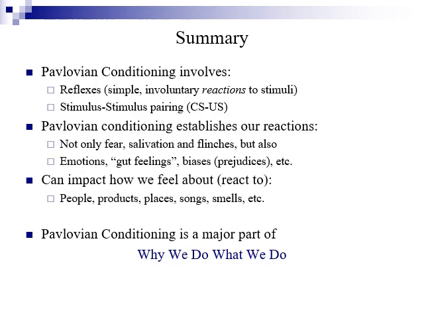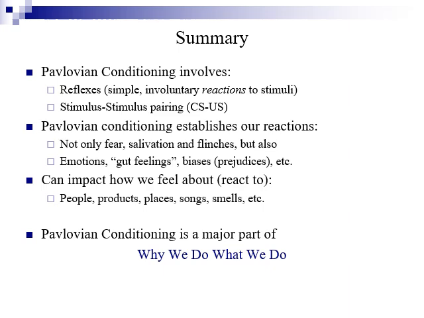So, to summarize this lecture, Pavlovian conditioning involves reflexes, simple involuntary reactions to stimuli, and it deals with stimulus-stimulus pairings, so CS and US pairings. Pavlovian conditioning establishes our reactions to things, right?